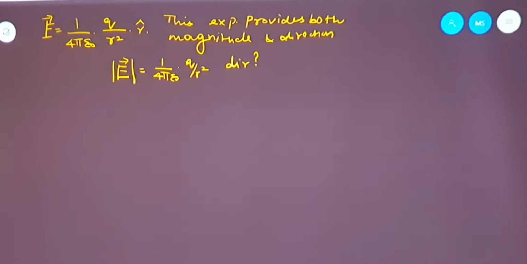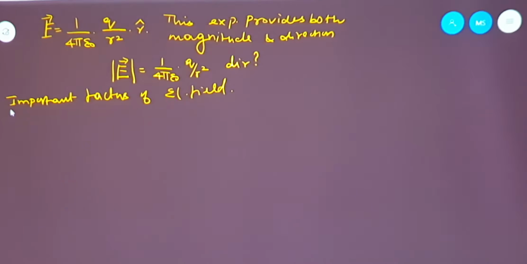I am considering here the important factors of electrical field. Let us take point number 1.